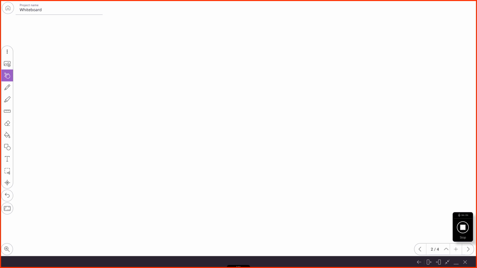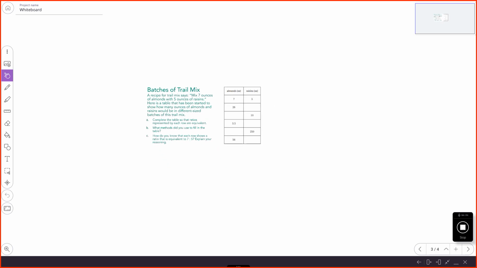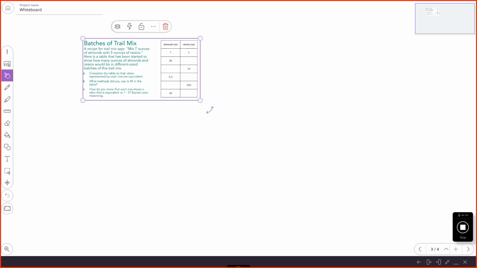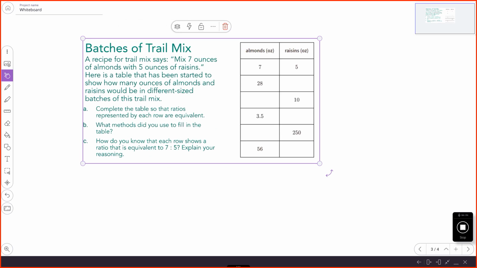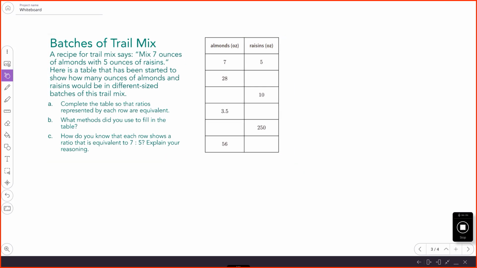Okay. All right. So now that we've dealt with that, we've got some trail mix. Now remember, when we're trying to figure out any of these empty cells, we've got to use either multiplication or division to skip count, to get from one number to another.